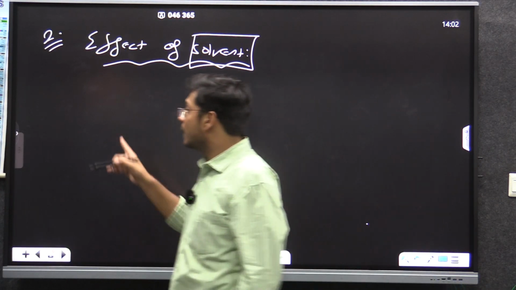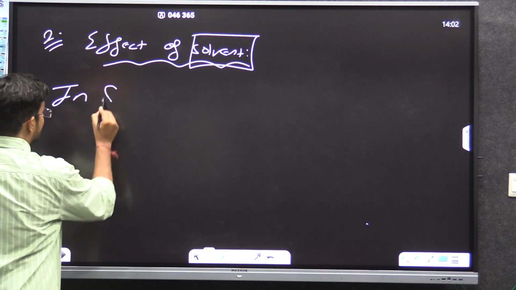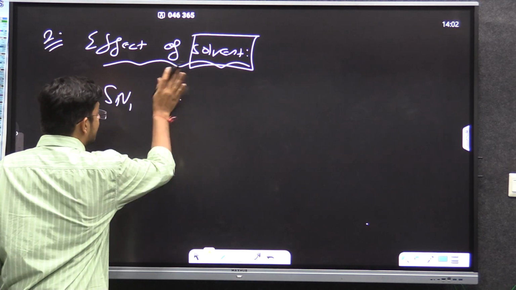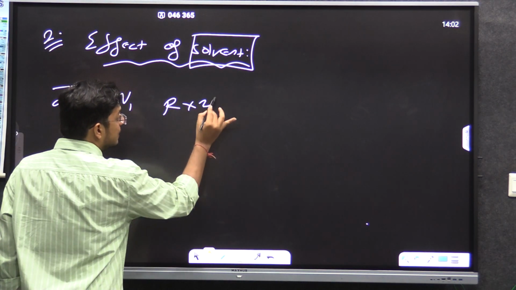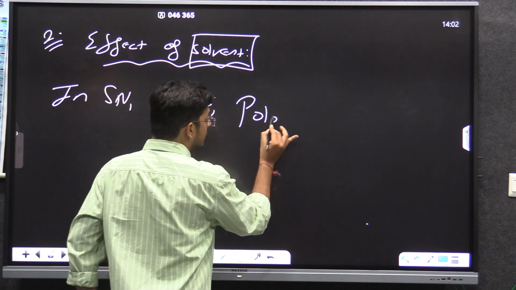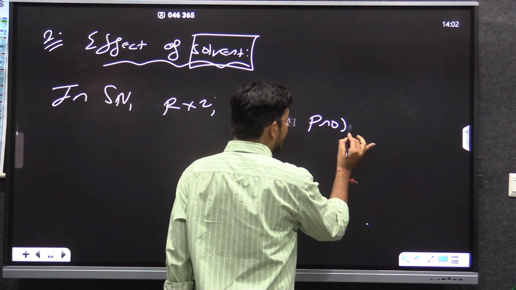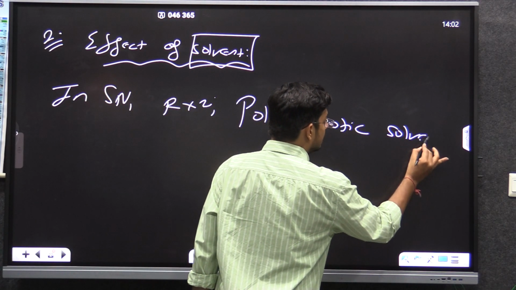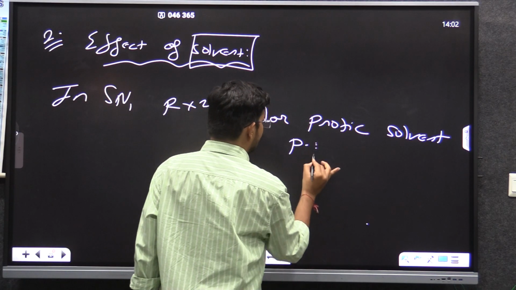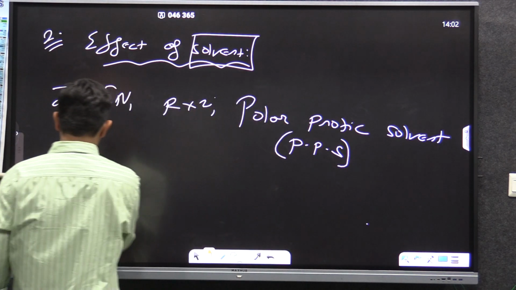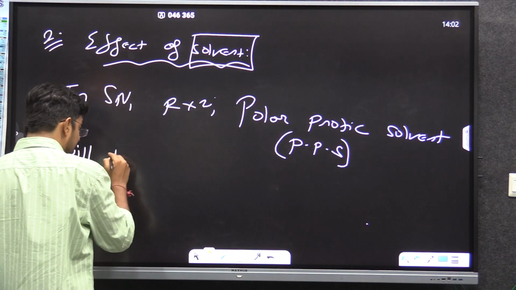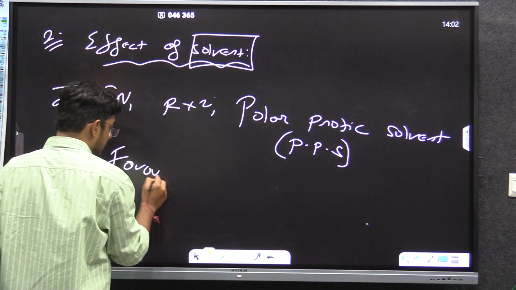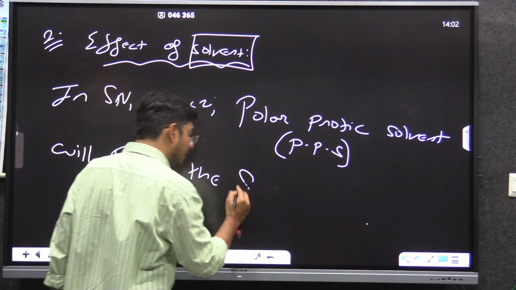In the SN1 mechanism, or the SN1 reaction, polar protic solvent, shortcut is PPS, will favor the SN1 mechanism.